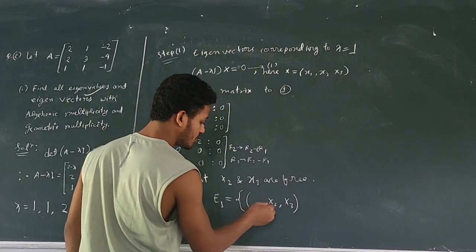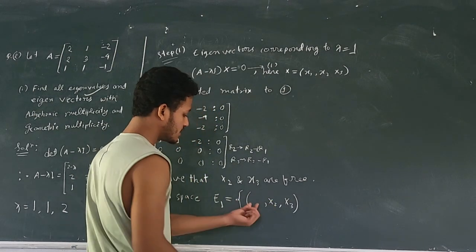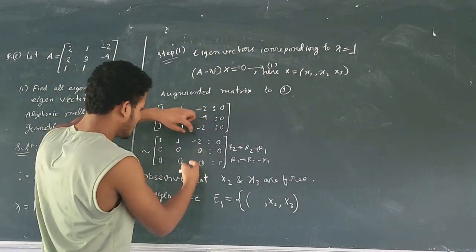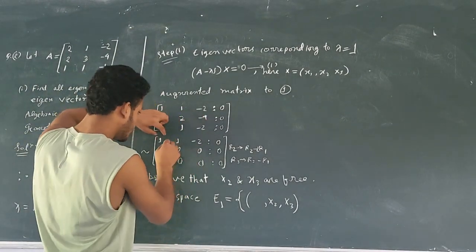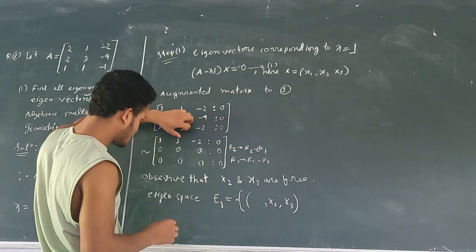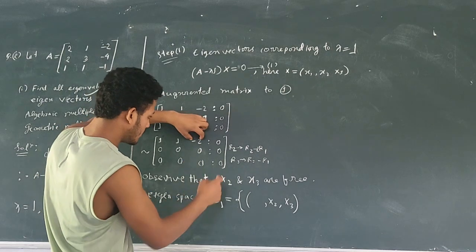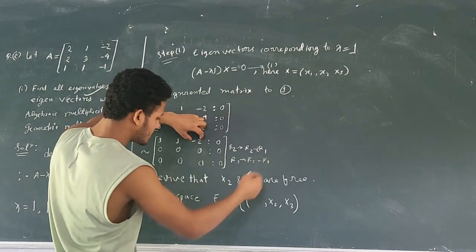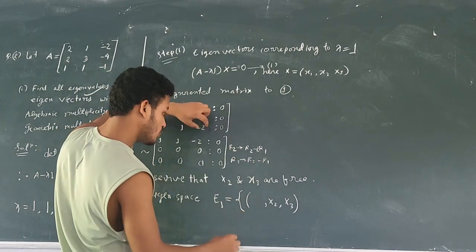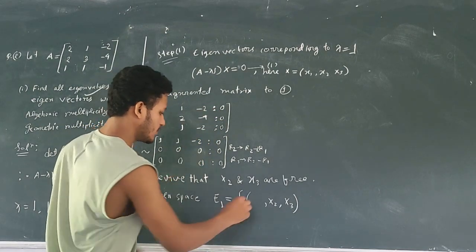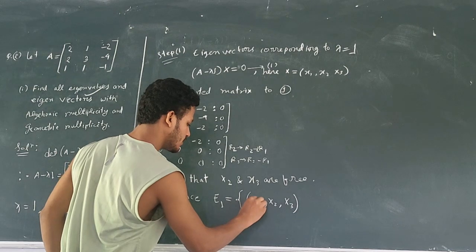Now this is the position for x1, and x1 will be, look from here, this is minus 2. When it goes to the right side, it will be positive 2, and this is x3, 2 x3.